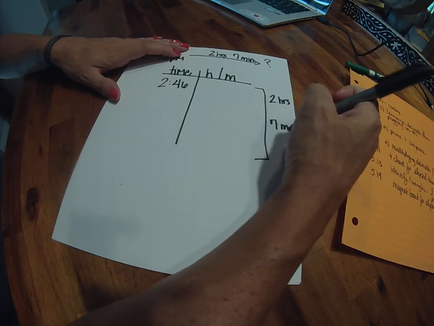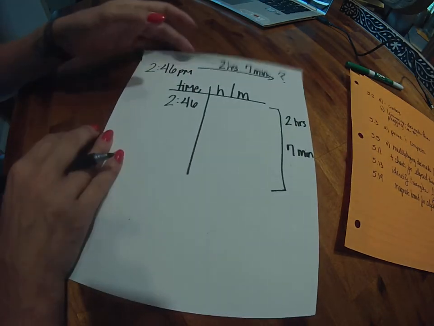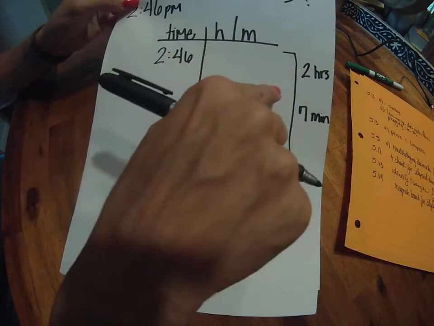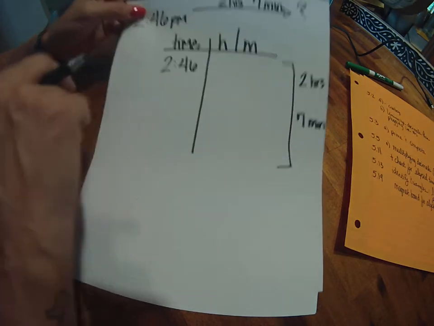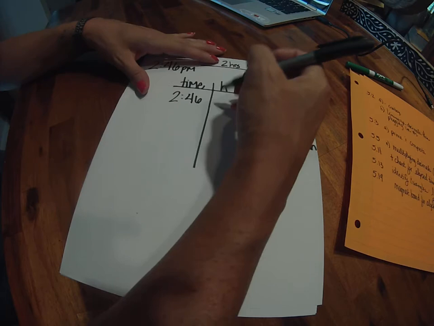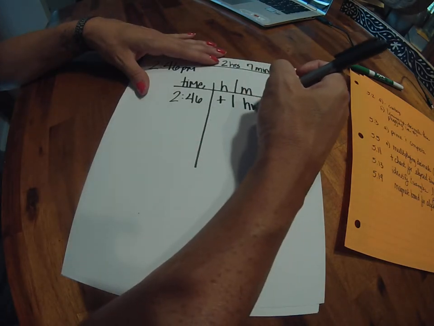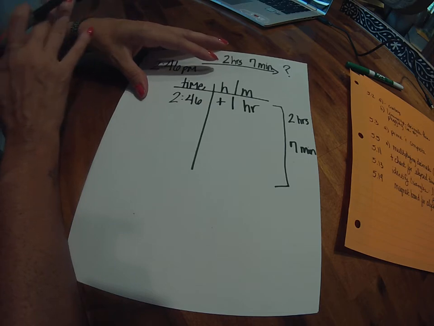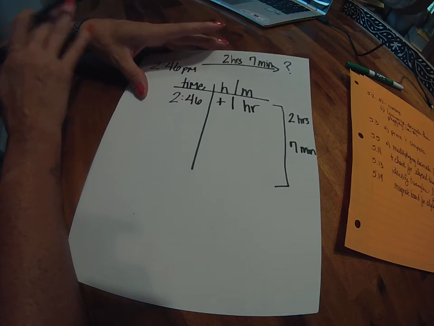I always have them write it on the side here. That way it's super easy for them to take a look and see to make sure that they haven't gone over or under. So 2:46, I'm gonna add 1 hour. Always start with my hours. You will have students that want to start with minutes, and that's okay too if they're getting it right. But to demonstrate, I always start with hours.